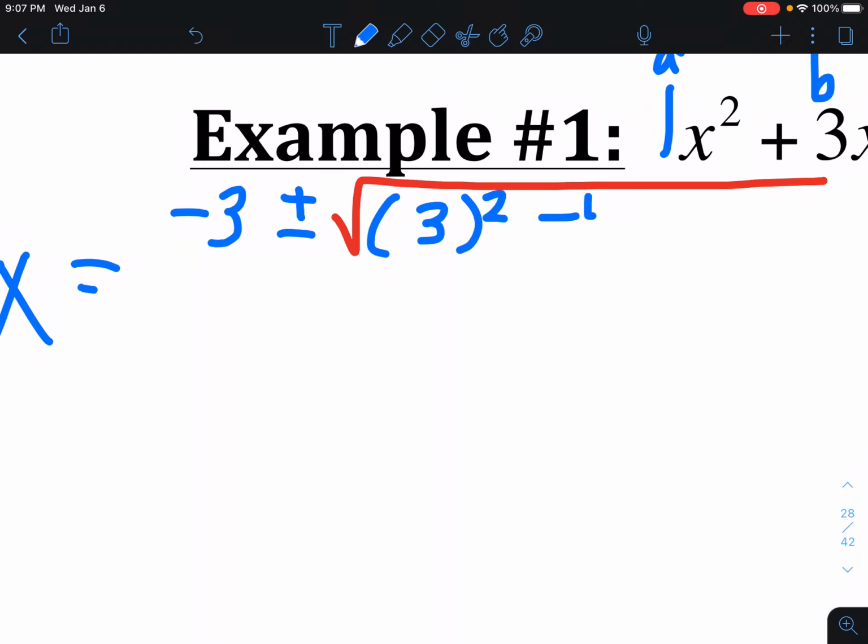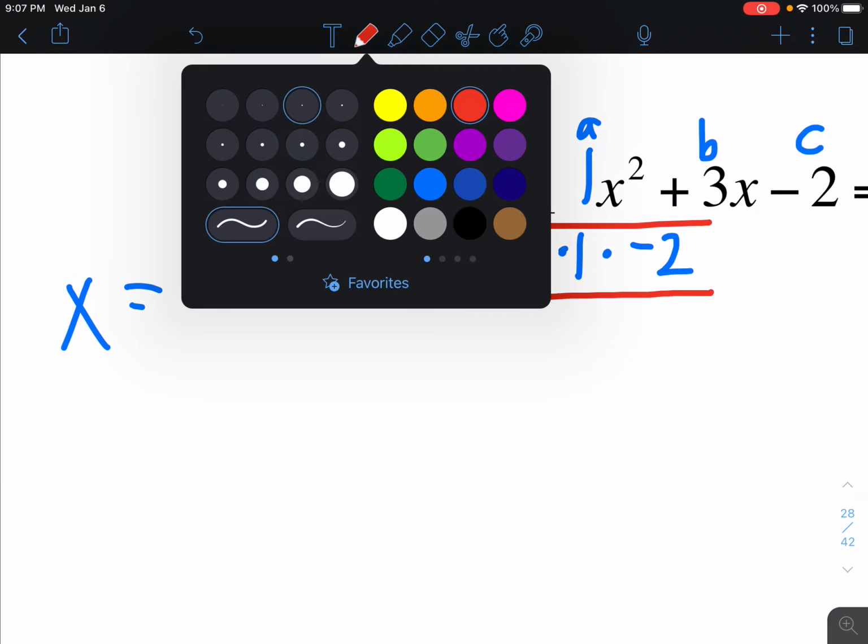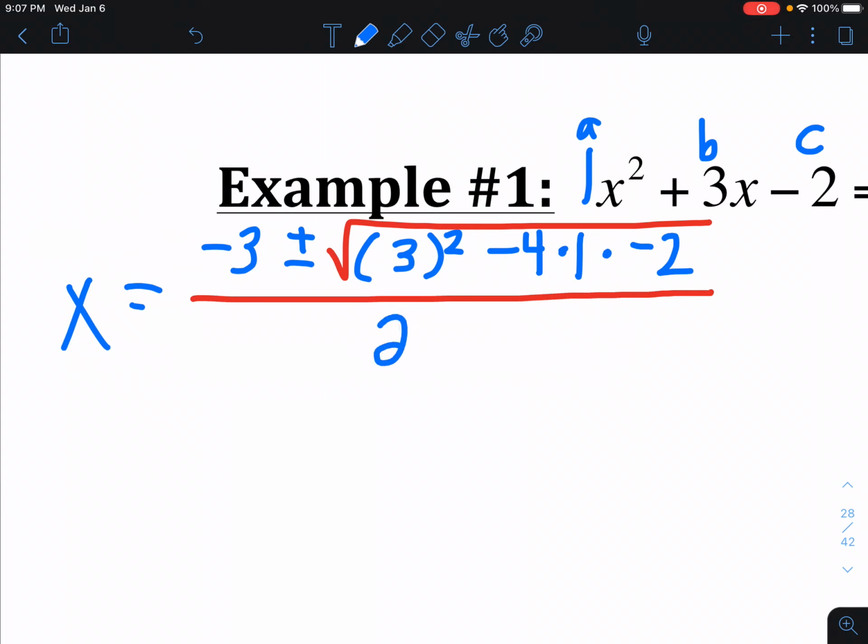And then minus 4 times a times c. And then we have a huge fraction. And then on the bottom, 2 times a, so that's 2 times 1. Okay, so that's substituting in.